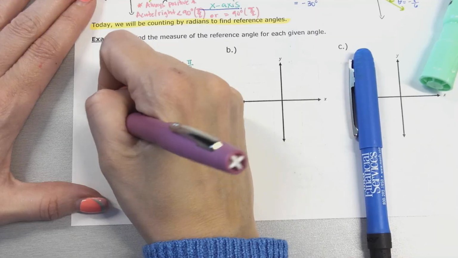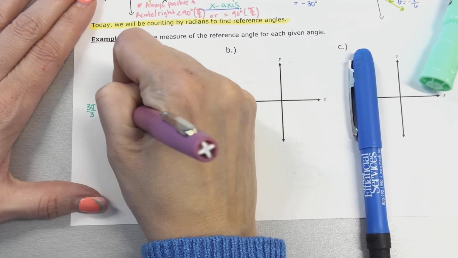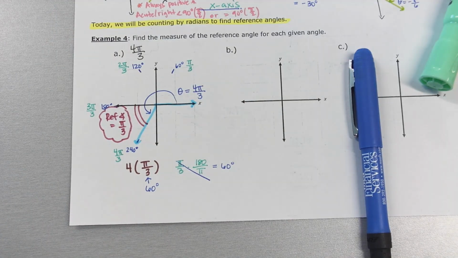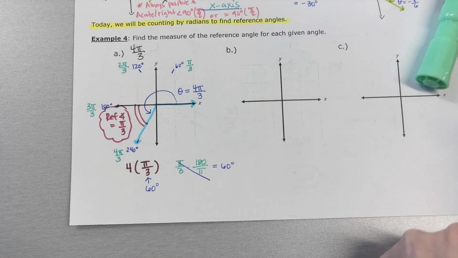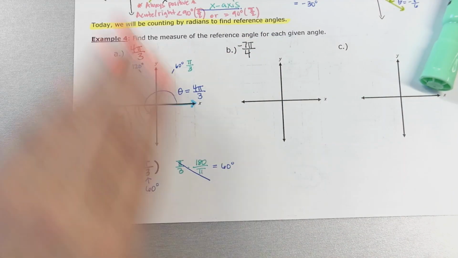Okay, so your reference angle is pi over 3. And again, if you have to think of that as degrees for a little bit, fine. 60 degrees, pi over 3. Okay? Alright. Now we're going to try negative 7 pi over 4.